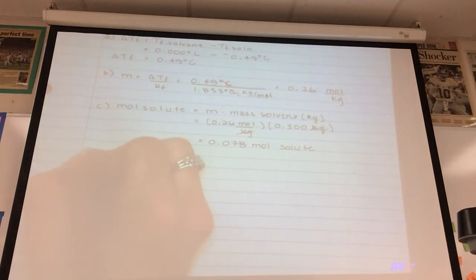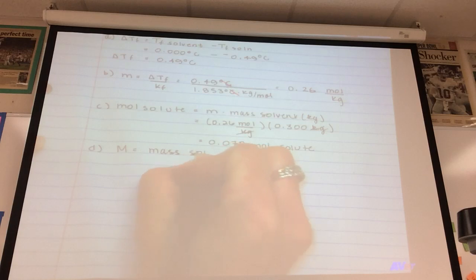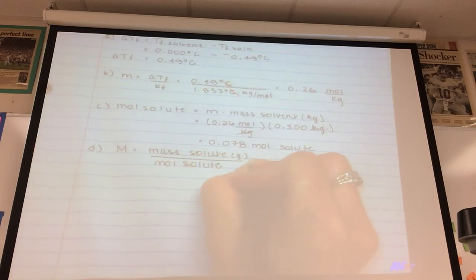And then in step D, molar mass is equal to the mass of the solute in grams over the moles of the solute that you worked so hard to find. The mass of the solute was given initially, 27.3 grams.